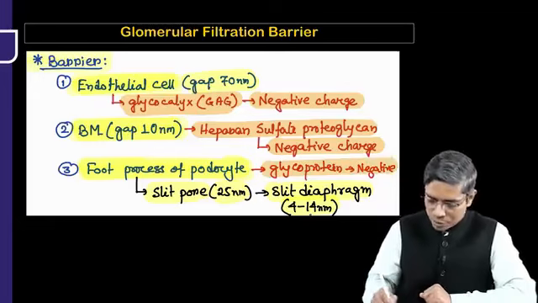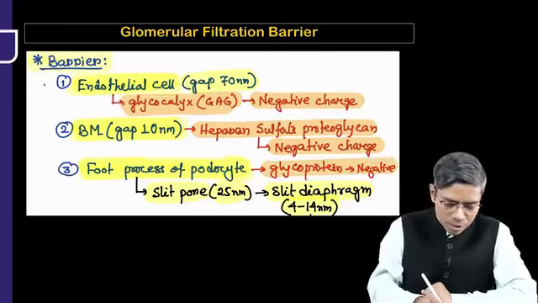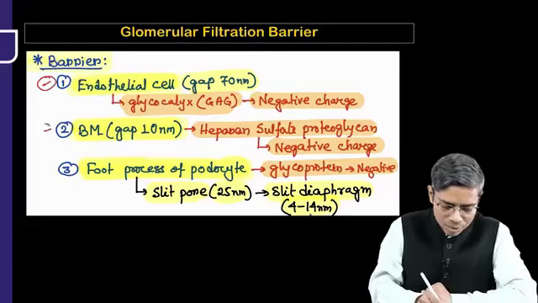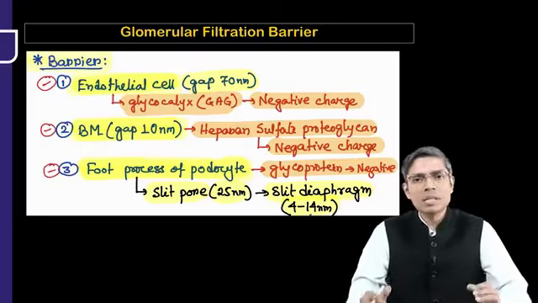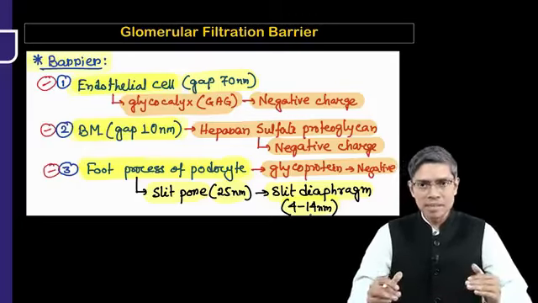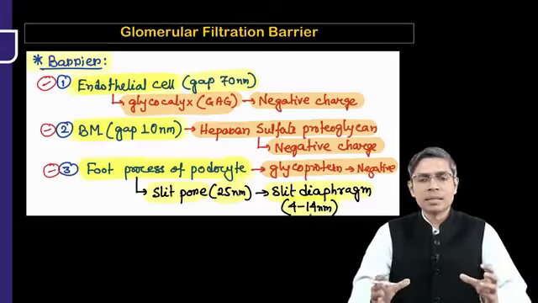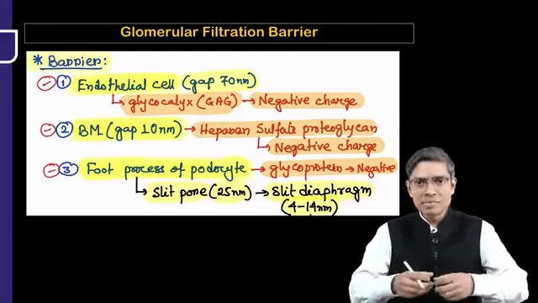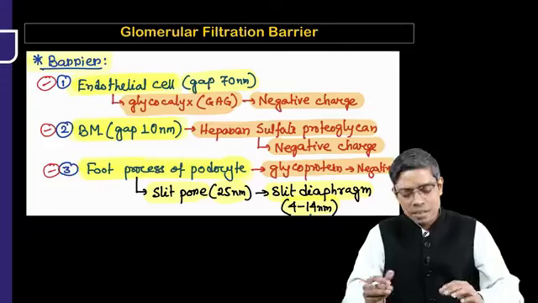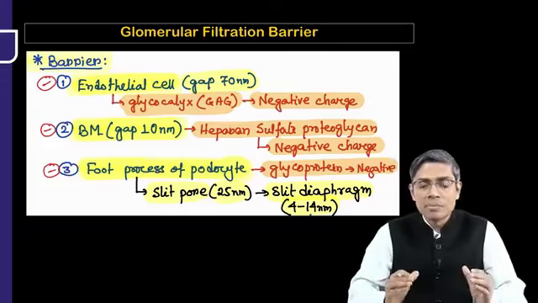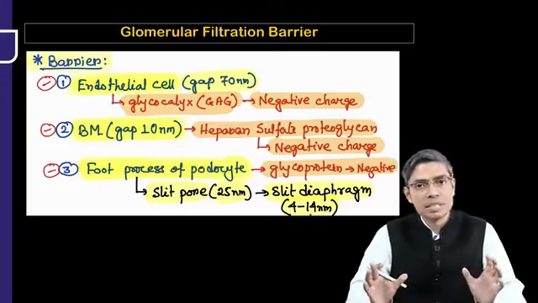So that's why I told you that the glomerular filtration barrier contains negative charge not only on the endothelium, it is also present on the basement membrane and on the foot process of podocyte, right? Because of this negative charge on the filtration barrier, what will happen? If the molecule is positive in nature, it will be easily filtered through the barrier, and if the molecule itself is negatively charged, then it will be prevented from filtration by this negatively charged filtration barrier, right?